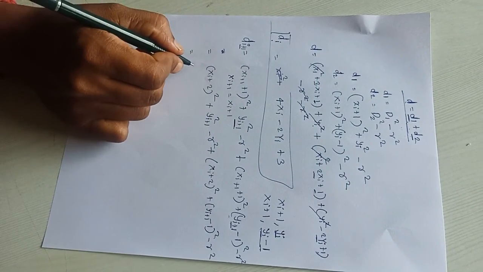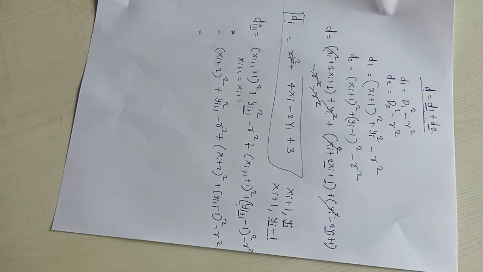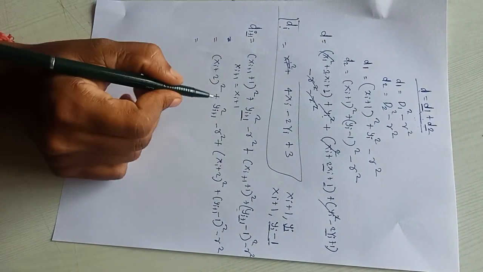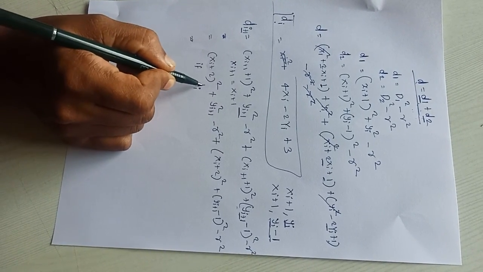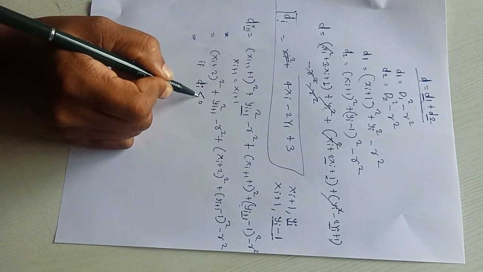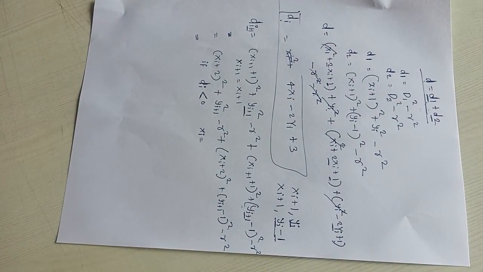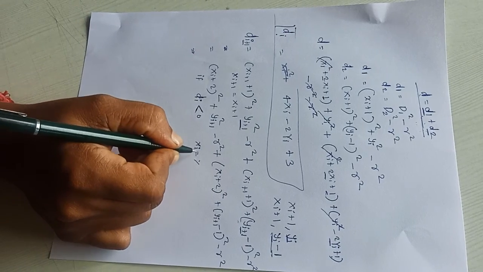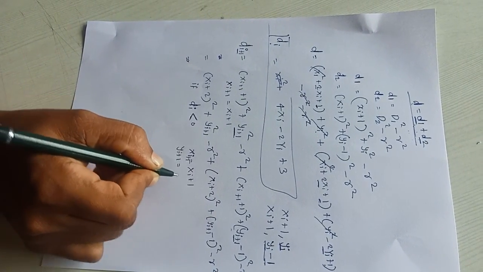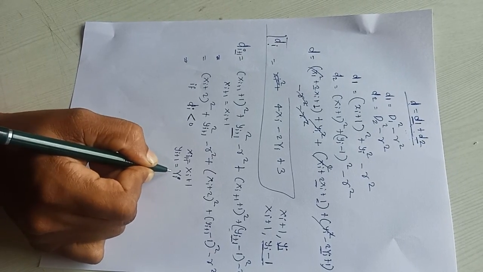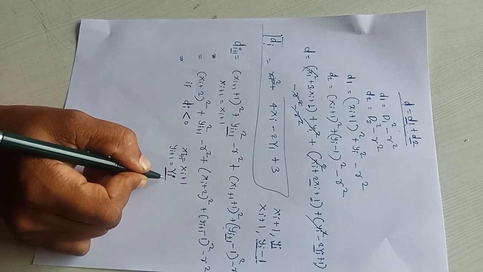So here, now suppose as I told you before, if the decision parameter is less than 0, then which pixel should be selected? Only the upper pixel. Then xi+1 is equal to what? xi + 1. And yi+1 equal to what? yi. No need to increment y, no need to decrement yi, sorry.